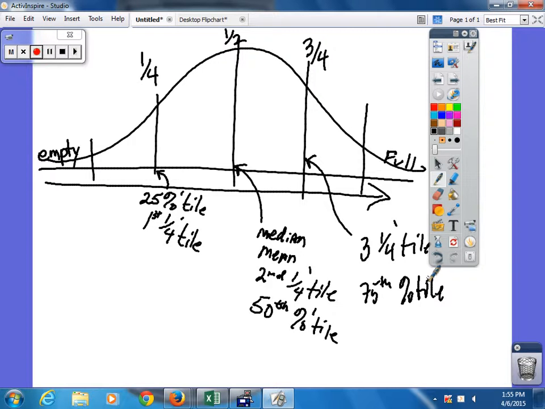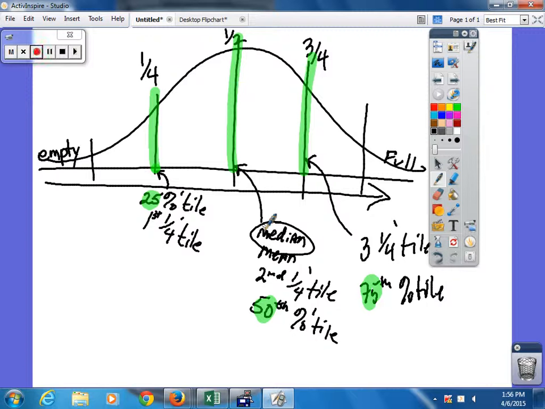Now these three numbers are pretty important, especially for a box plot, which shows where most of your data is in relation to the center of your graph. So these guys are important. Most of the time the median is going to be the 50th percentile.